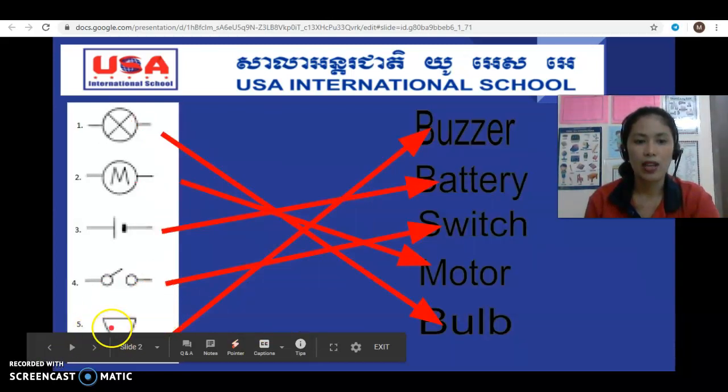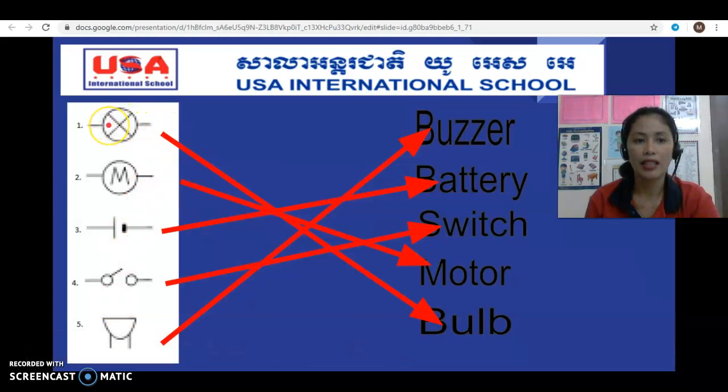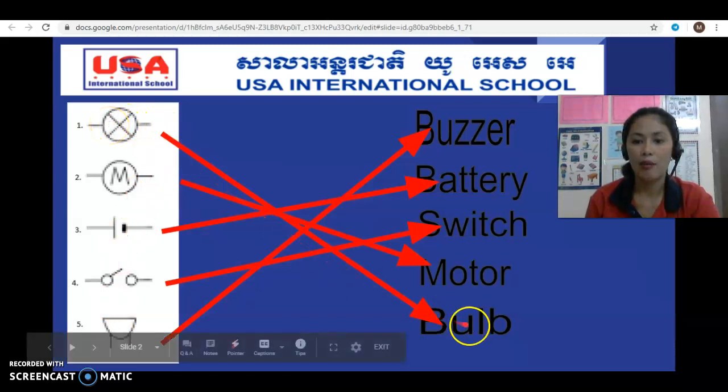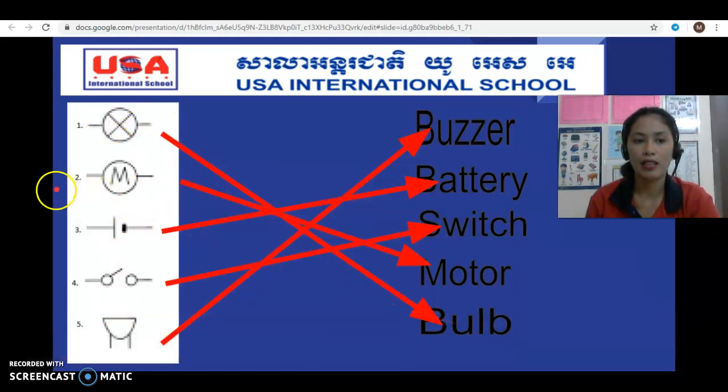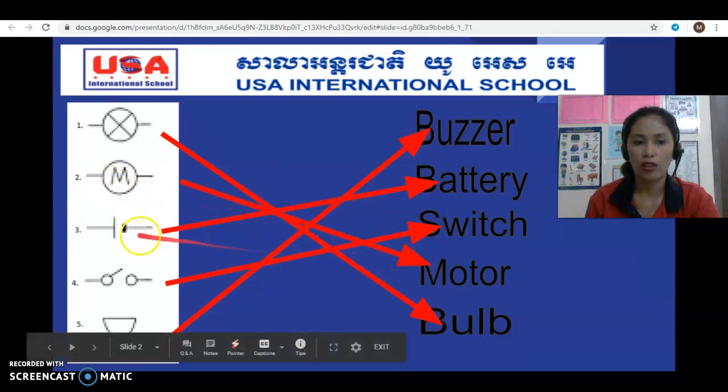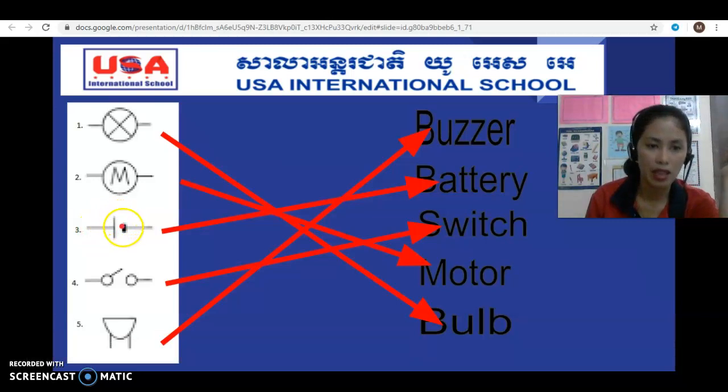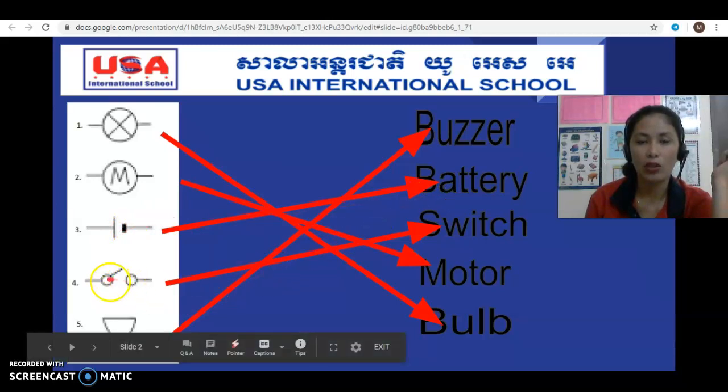Okay. So for this sign, it's a bulb. How about this? Like M. The M sign stands for motor. How about this one? Like a letter T with a small hammer on the other side. It's the battery. And how about this? Looks like glasses.